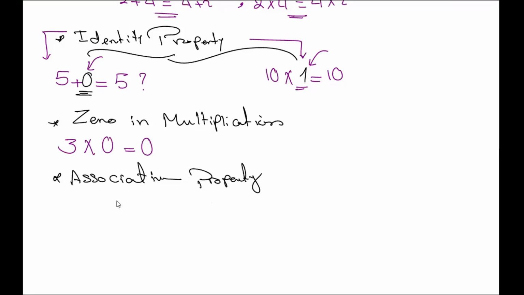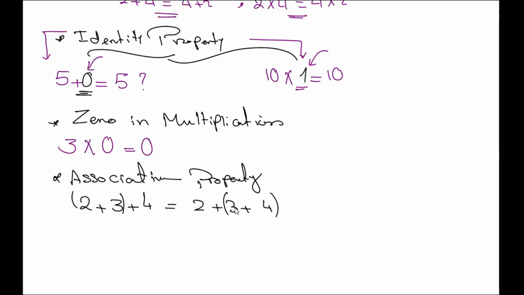Now for the associative property. The associative property says that if you have 3 numbers added together, like 2 plus 3 plus 4, it is equal to 2 plus 3 plus 4, but the difference is that 2 plus 3 is inside the brackets in the first one, and 3 and 4 inside the brackets in the second. The results are the same, but the numbers inside the brackets are different.